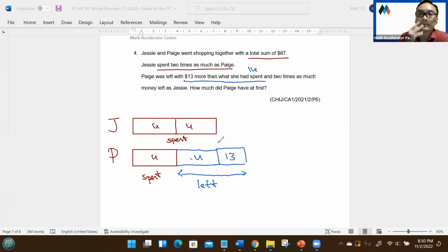Now, the next thing. Whatever she has left is 2 times of Jessie. So we have to split this into 2, right? So this is 1 unit. If this is double of what Jessie has left, do you agree with me that Jessie is left with half a unit or 0.5 unit?